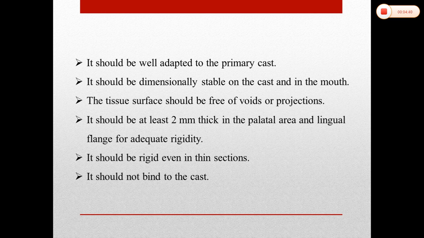So once we get that primary model, we make a special tray on top of it, a tray accustomed to that particular condition, and the impression material is carried in this special tray so that we can record the tissues present in the oral cavity better than with a stock tray.